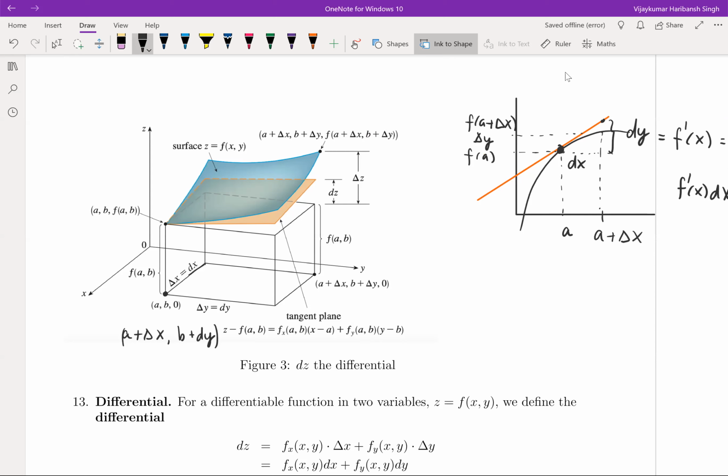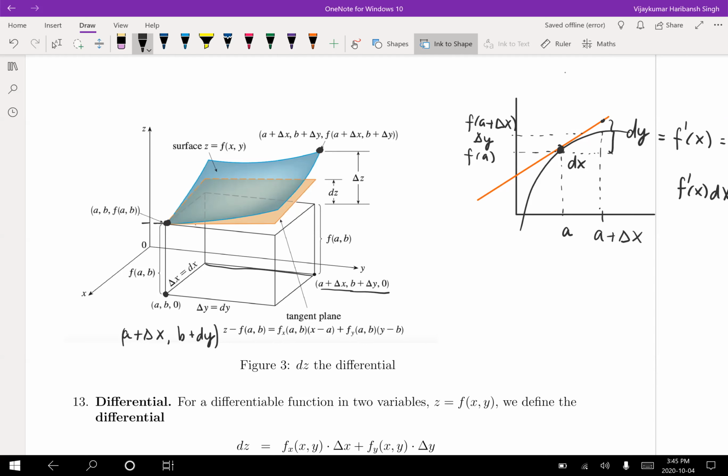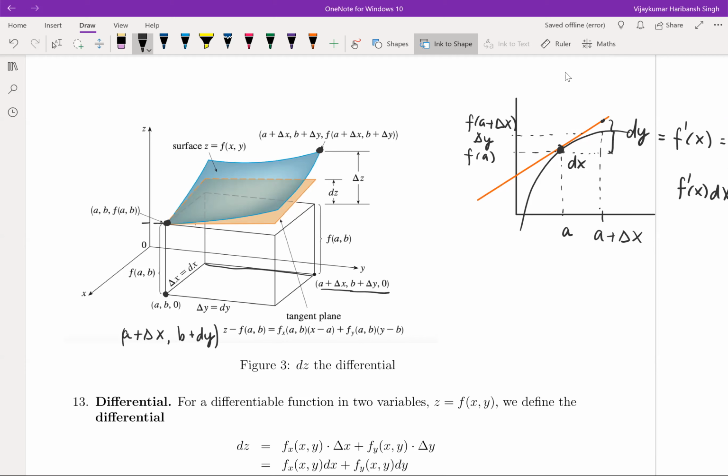If this is delta x and this is delta y, then you reach the point (a plus delta x, b plus delta y, 0). Now, the function value on top of (a, b) is this point here. The function at (a plus delta x, b plus delta y) is going to be this value. So how much did your function change? Your function changed from this value up to this value.